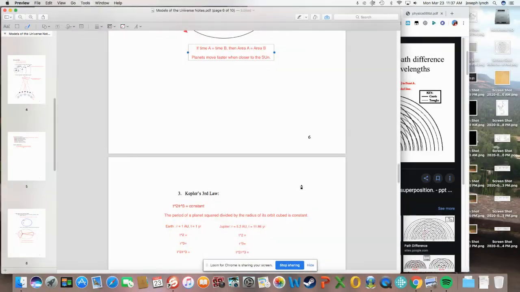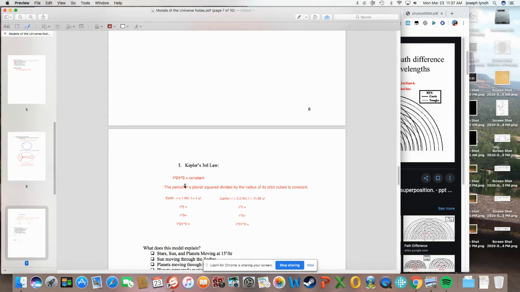The third law is a mathematical one, and it says T squared over R cubed is a constant. Where T is the time to go around for the planet, and R is the radius of the orbit.